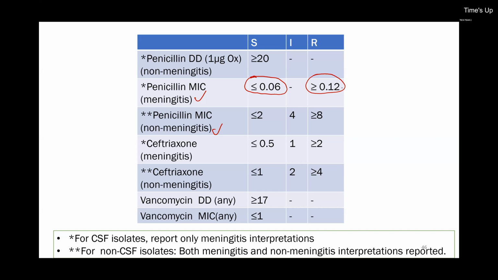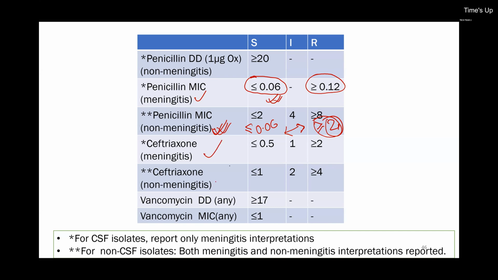The same thing is retained by EUCAST, but regarding non-meningitis, EUCAST is completely different. It keeps the susceptible breakpoint at 0.06, the same as the meningitis breakpoint, and anything above 2 is taken as resistant. 2 or more is taken as resistant. The in-between ones are taken as intermediate. Okay.